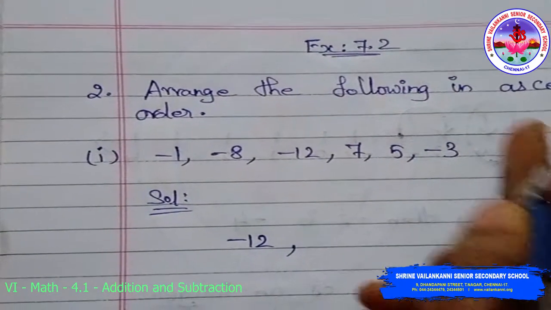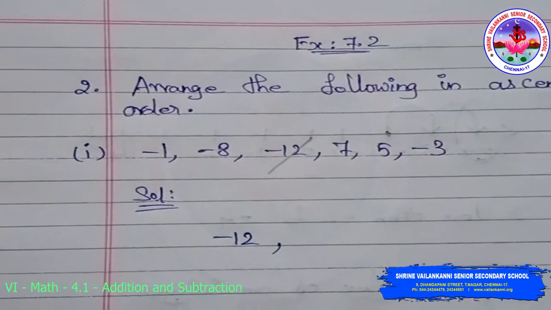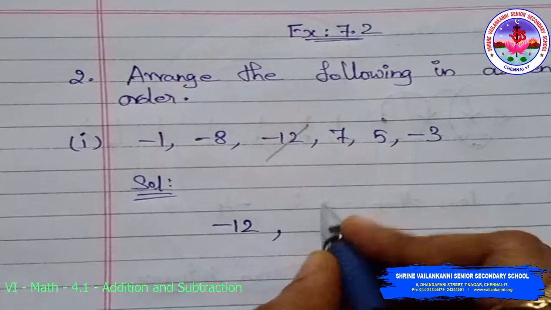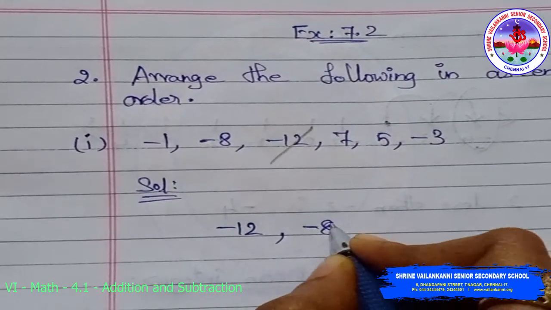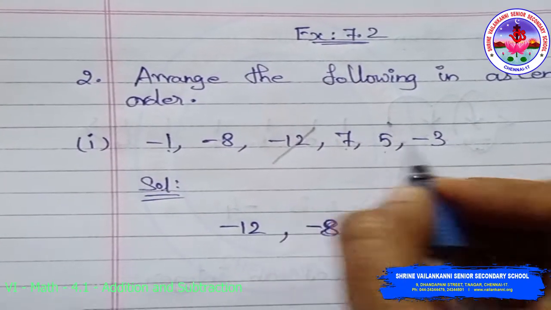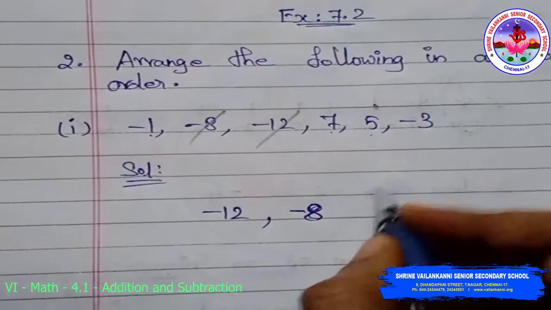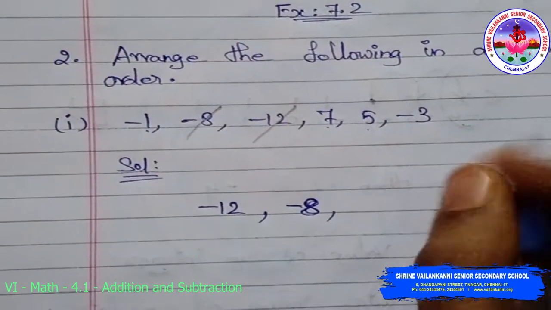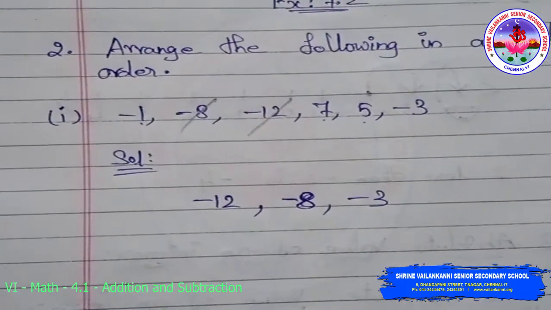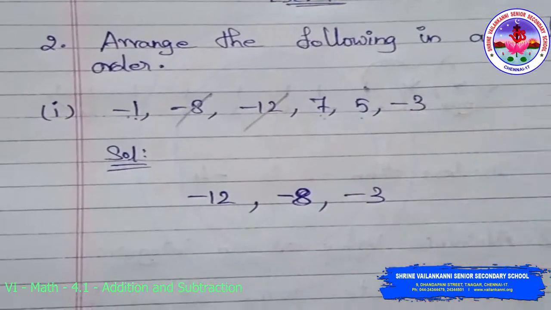The second value is negative 8 because it is smaller than negative 1, positive 7, positive 5, negative 3. The next value is negative 3, smaller than negative 1, positive 7 and positive 5.